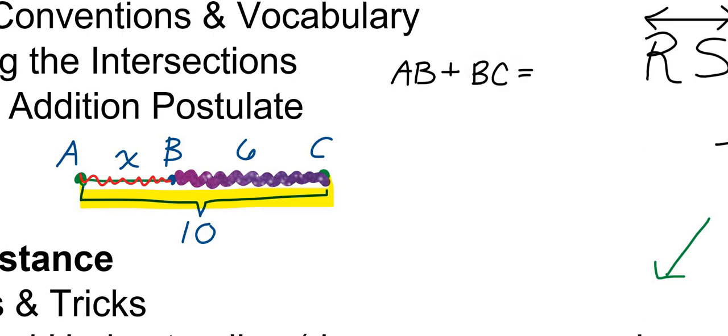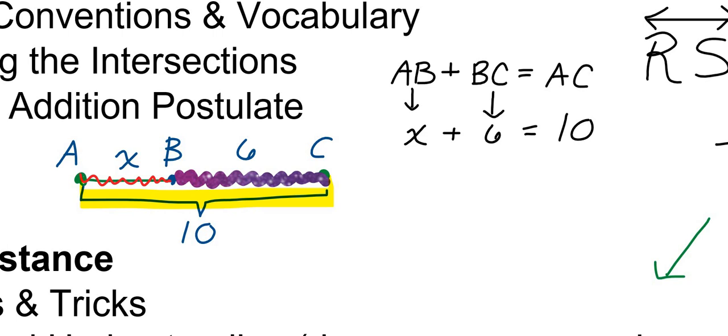The left and the right equals the whole thing, and the whole thing is from A to C. Then I would start plugging in values. AB is X, plus BC, which is 6, would give me the length of the entire line segment from A to C, which is that yellow highlighted section, and that's 10.